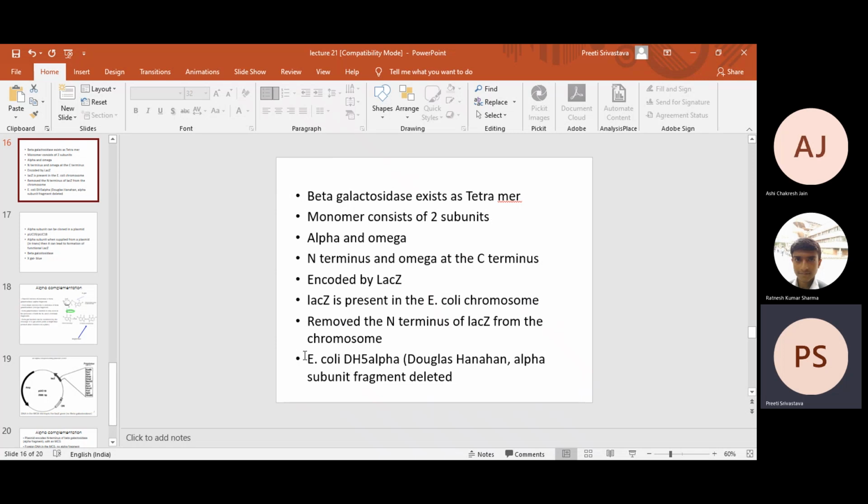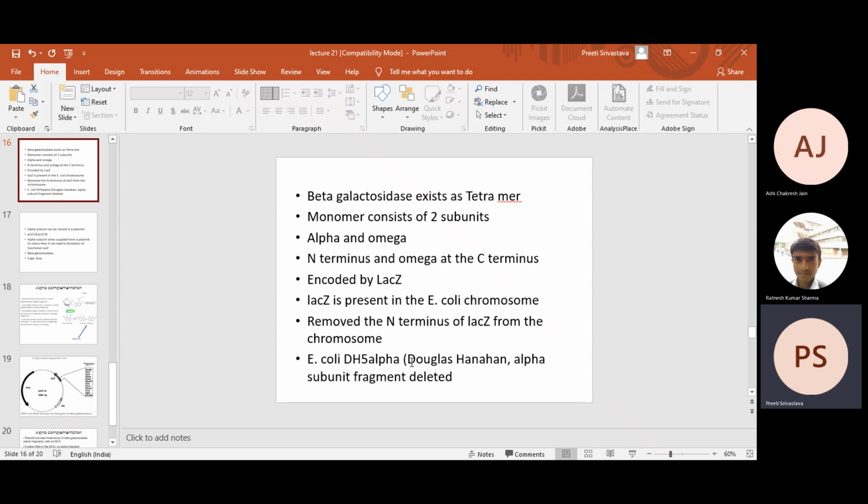So the alpha subunit was deleted from the chromosome, and the strain was named E. coli DH5 alpha, where DH is the name of the scientist who constructed this, and it is alpha because the alpha subunit is deleted. So in E. coli DH5 alpha, the lacZ is not functional because the alpha subunit is deleted, and the omega subunit alone cannot form a functional enzyme. Is that clear or no?